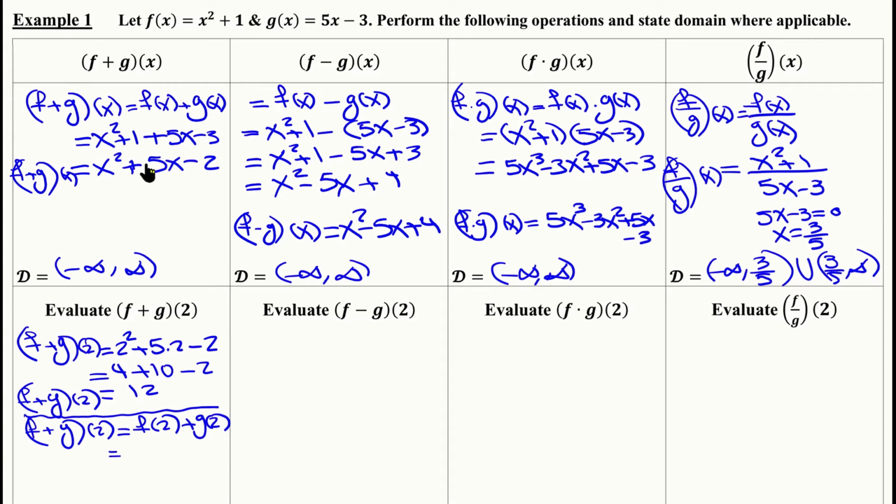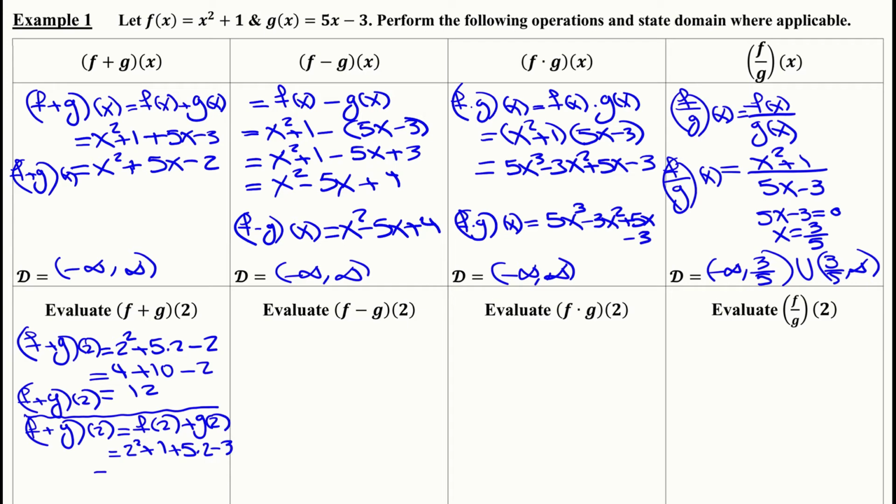So we know that f of 2, remember, that means wherever you see x in the definition of f, substitute 2. So that would be 2 squared plus 1. And g of 2, wherever we see x in the definition of g, we're going to substitute 2. So we get plus 5 times 2 minus 3.